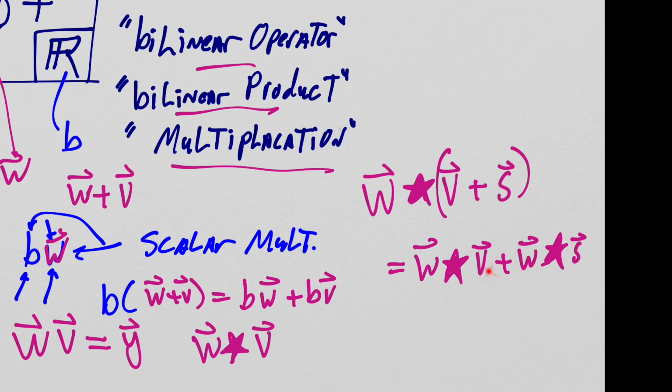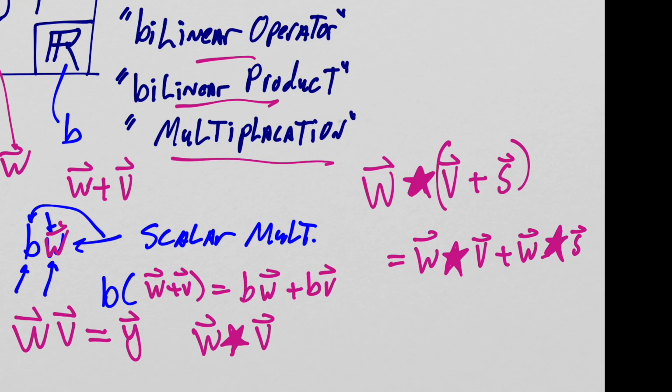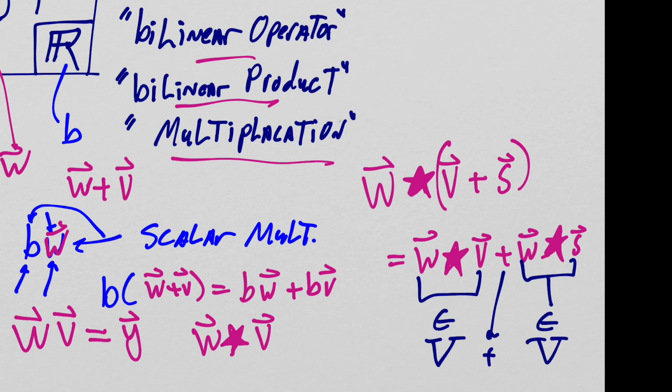And notice that this is the addition operation for the vector space, which means that this here must be an element of the vector space V, and this must be an element of the vector space V, so we can actually add them together. Otherwise, addition doesn't make sense, because addition is only defined between two vectors in the vector space.